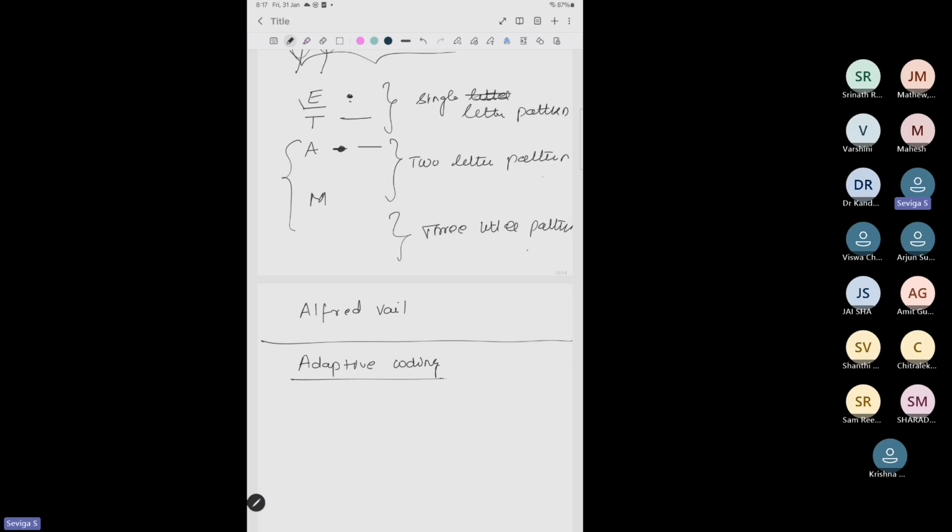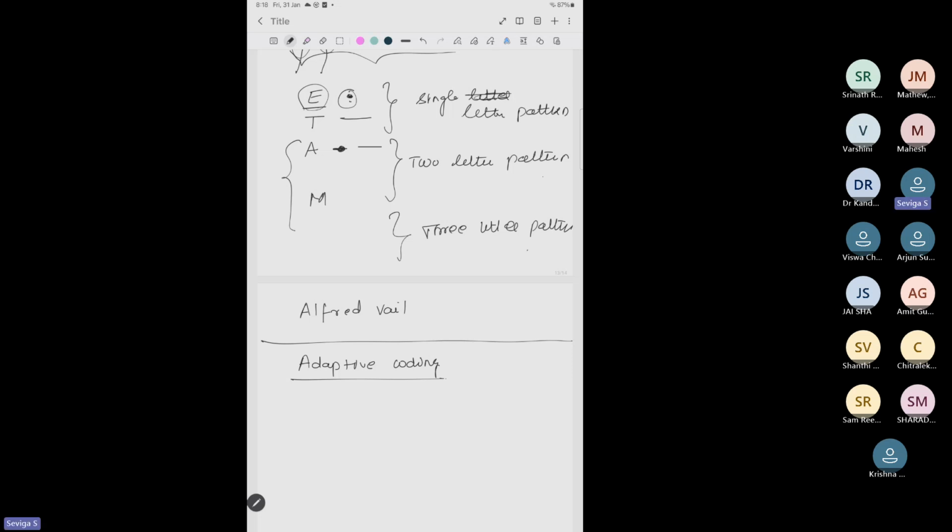Instead of E, I will use a dot. Similarly, we can have several codes. When we are transmitting, if we are dynamically assigning the encoding scheme for the data, then it is called adaptive coding.